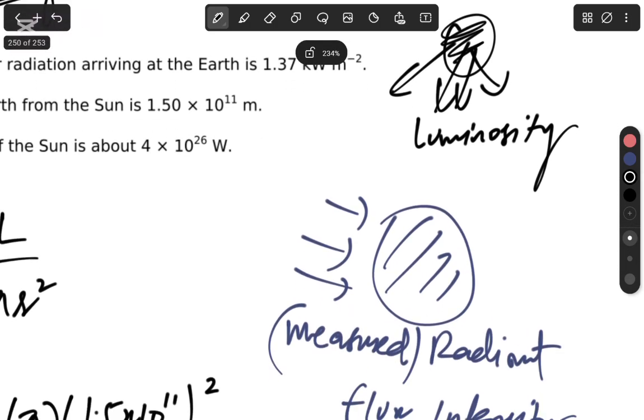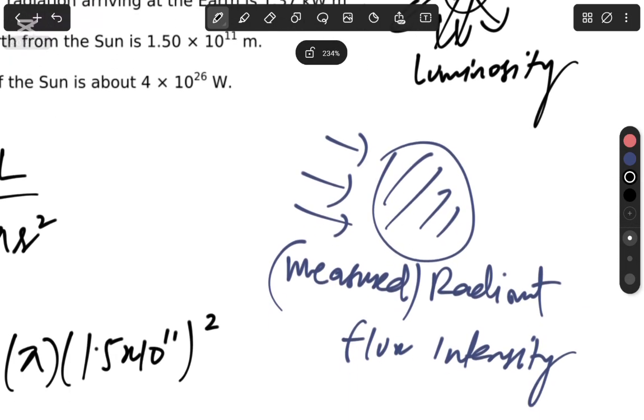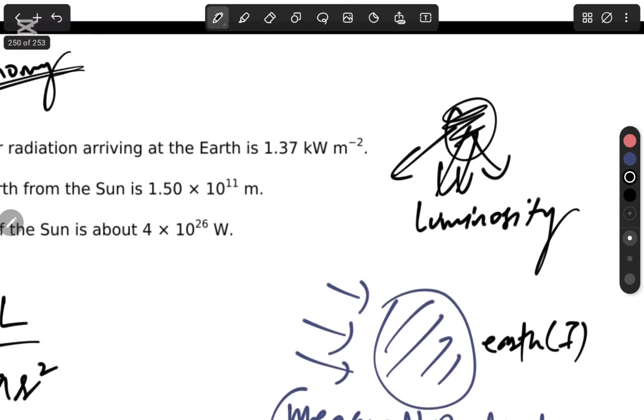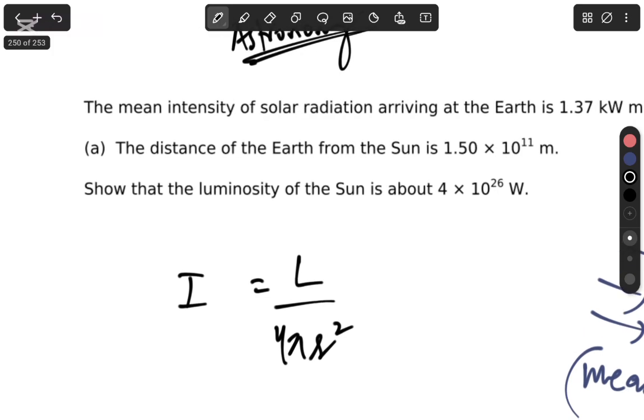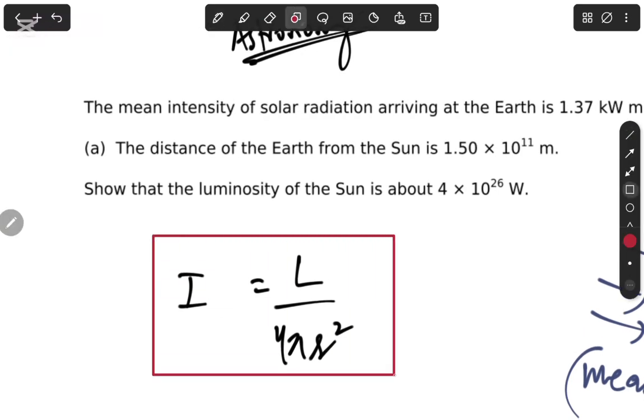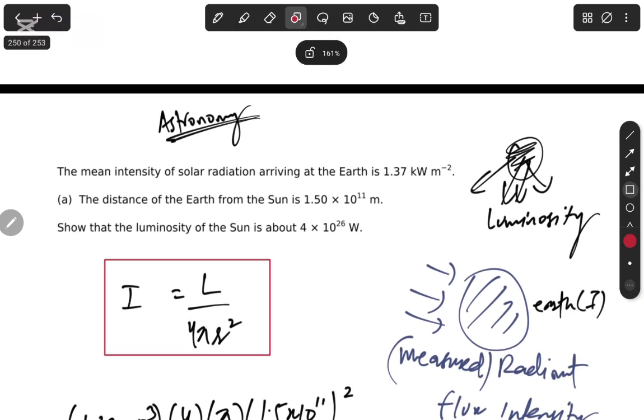Okay, so we have the radiant or measured flux intensity, which is basically the intensity of light arriving at the Earth, which we resemble with I. And then we have the luminosity of the star. And we know this is linked by the formula I equals L over 4 pi d squared, or r squared.